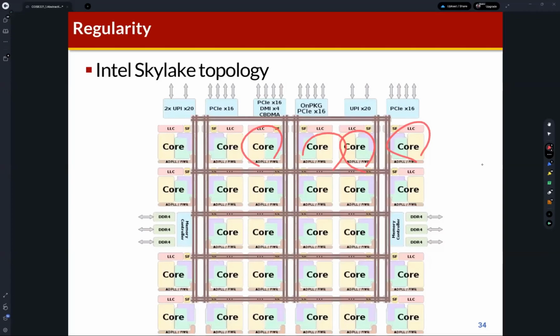If we follow the concept of regularity, we can just copy and paste our design to build a complex system. It's very important, because regular design is very important: we can reduce the effort of building complex systems.